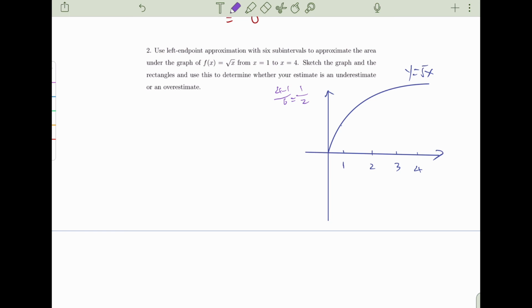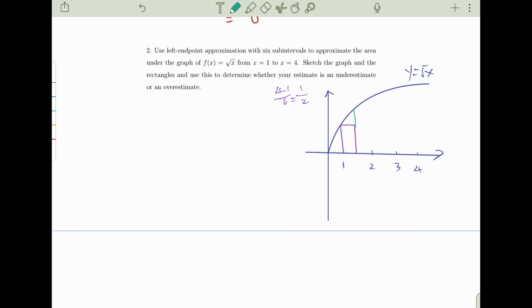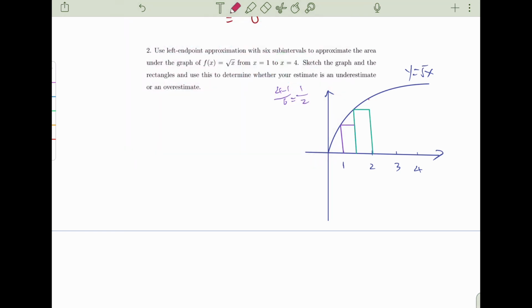So I'm building this here, 1/2. And then the second interval, starting from this 1/2. Okay, the third interval, finishing at 2.5.